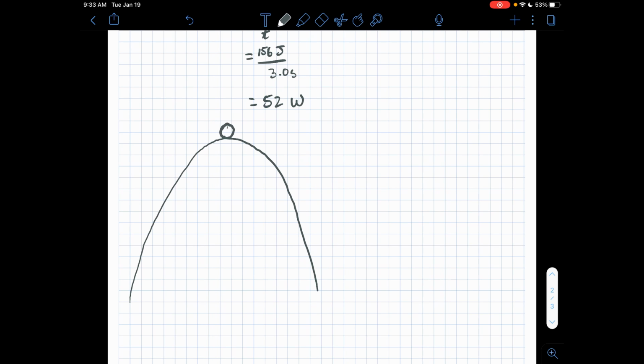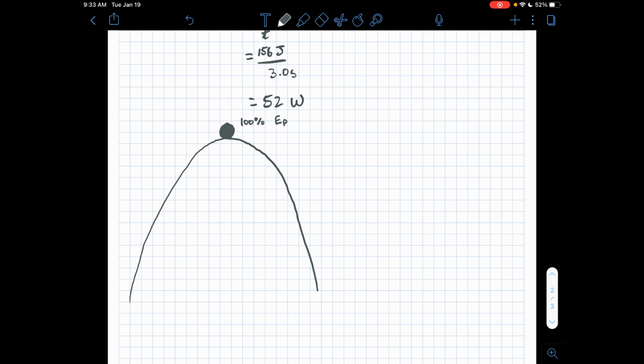And at the very top of this hill, this is where it has the max potential energy and also the least amount of kinetic energy. So we'll just write potential energy as EP. So right now at the very top, 100% of the energy is stored as EP, which is potential energy.